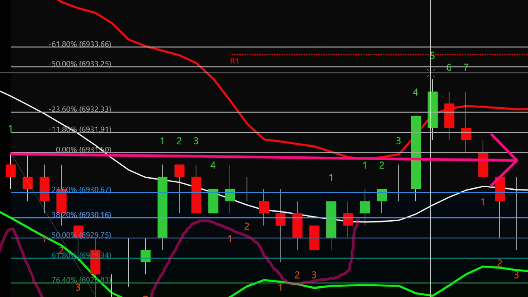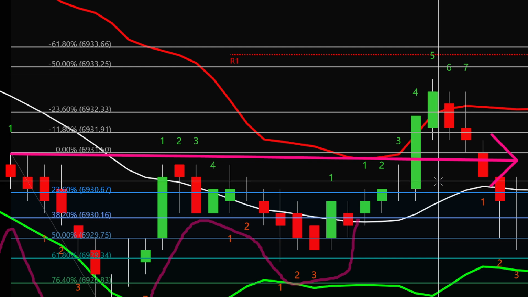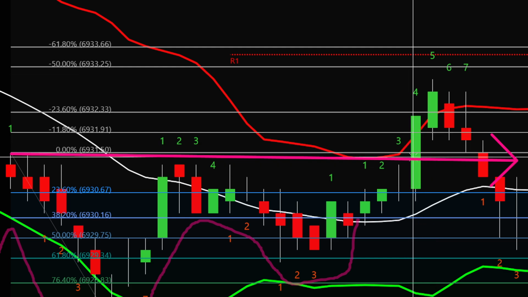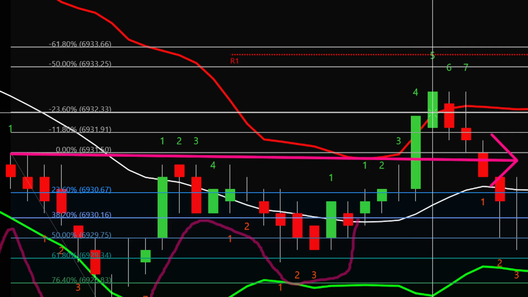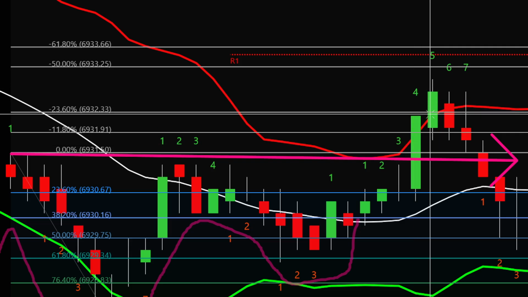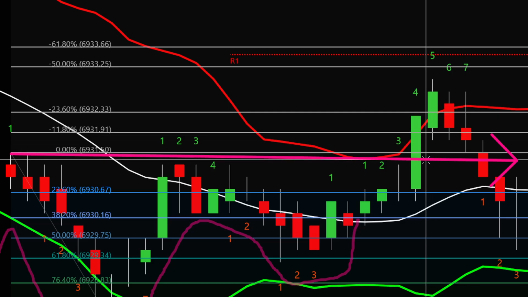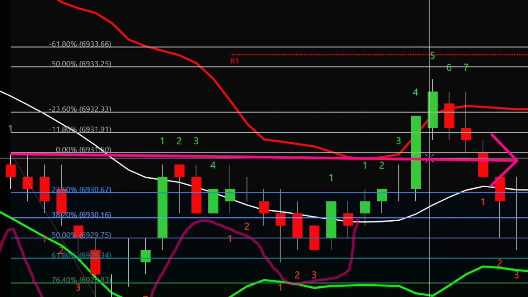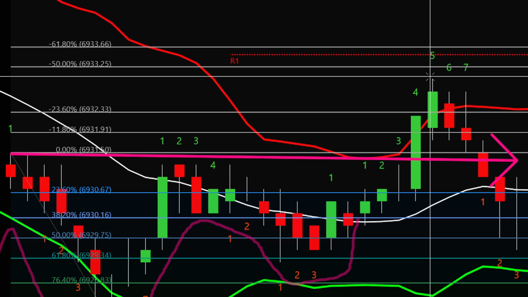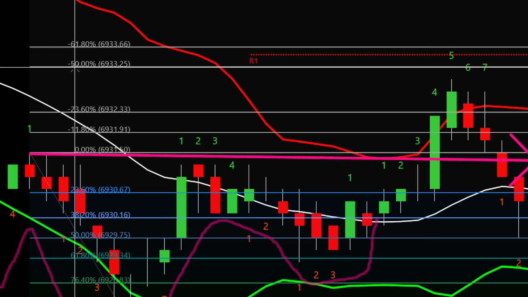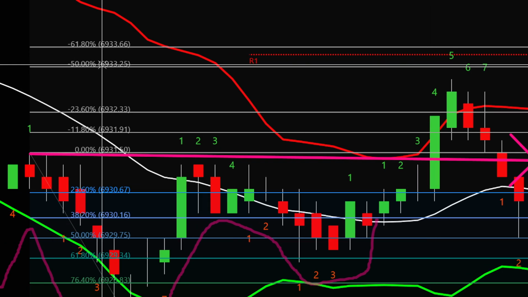Didn't quite make it. But the idea here is that you look at this candle right here. This one closed outside. Then we look at the next candle. If it continues north, we would take the trade long. Stop being right back here at the neck. And we could take this trade long, looking for the 50%, maybe 100%.